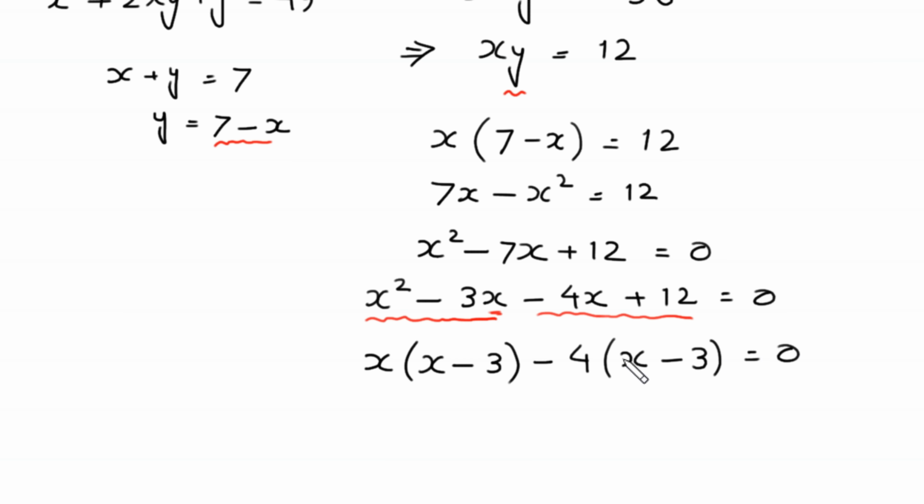Now as you can see, this expression x minus 3 is a common factor. So we factor out this x minus 3. X minus 3 as a common factor, and in bracket left x minus 4 is equal to 0.